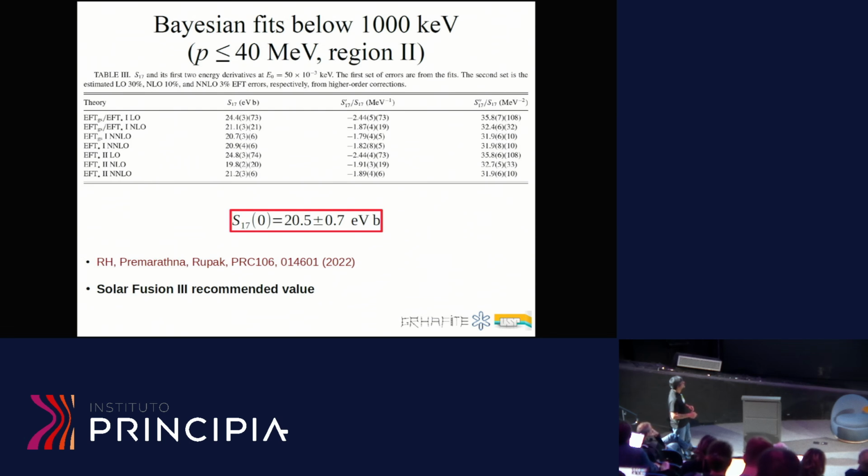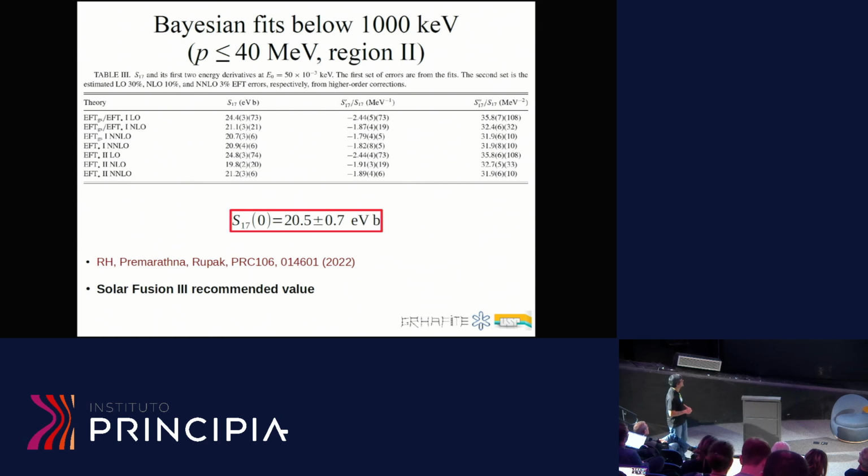Our S factor extrapolated at zero energy has this value, 20.5 plus or minus 0.7 eV b. And this is very close to the theoretical uncertainty that people have been saying is appropriate to constrain neutrino physics.